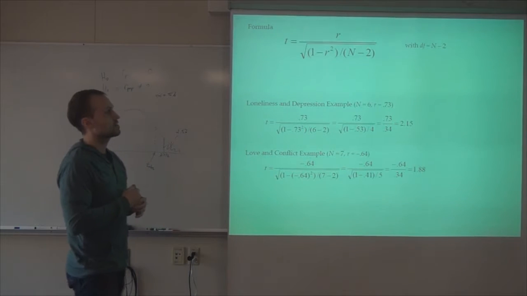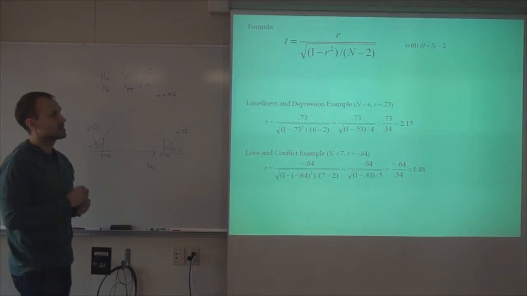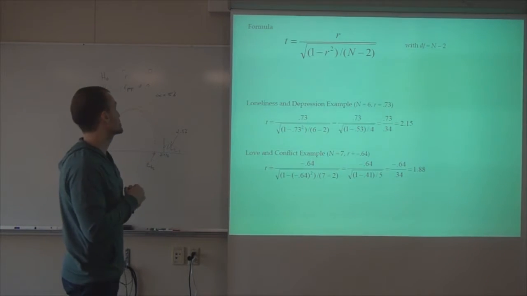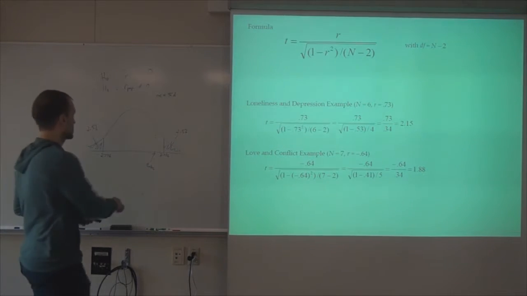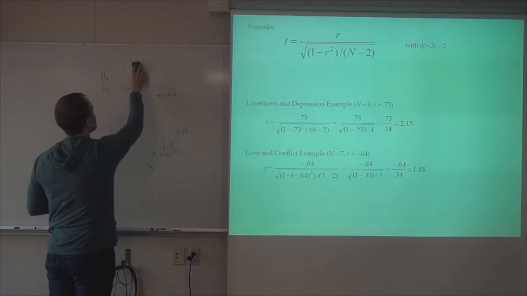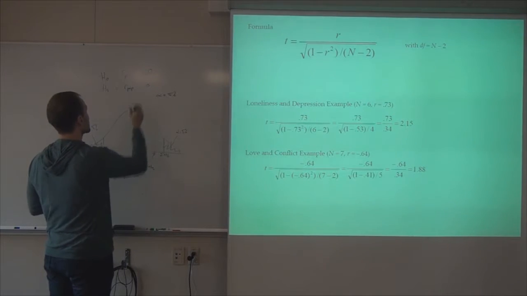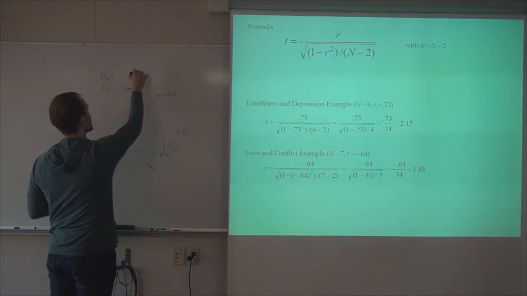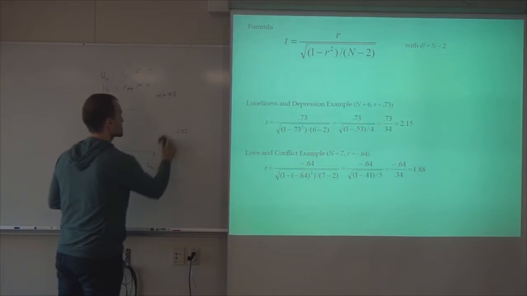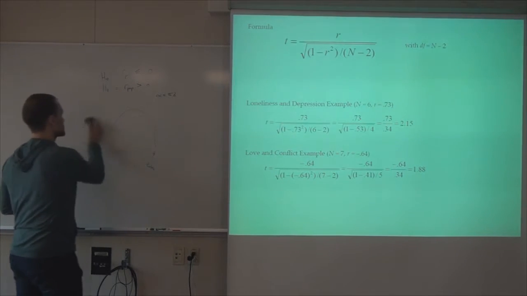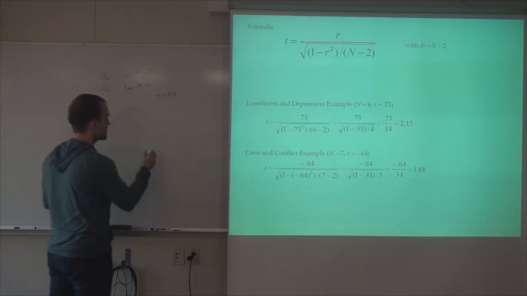I'll just expand on this one and you can do the other for yourself. You could have looked at it first and said, well, loneliness and depression is a positive correlation. So we could change this to say I'm looking for a positive correlation, and the null hypothesis is that there is no correlation. Then my two-tailed test becomes a one-tailed test.